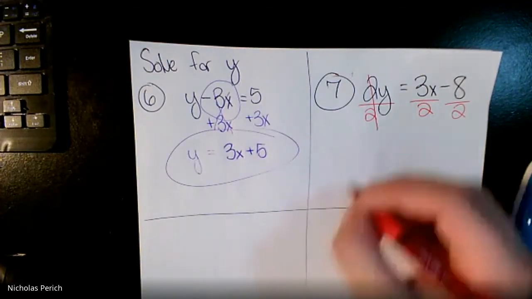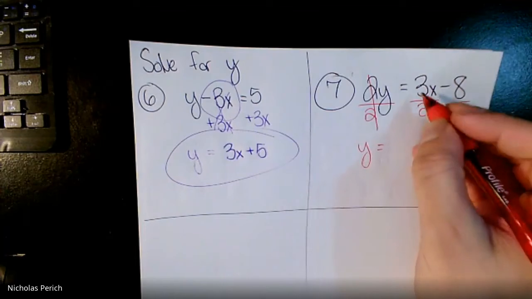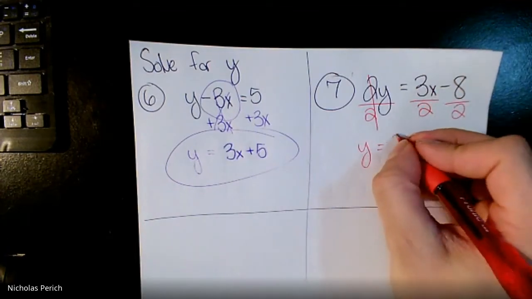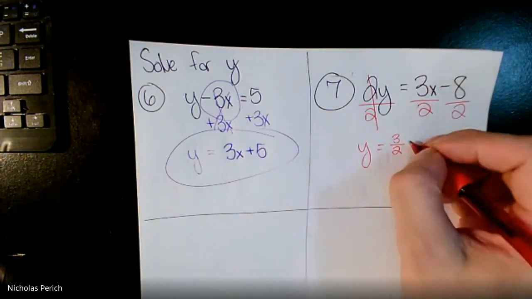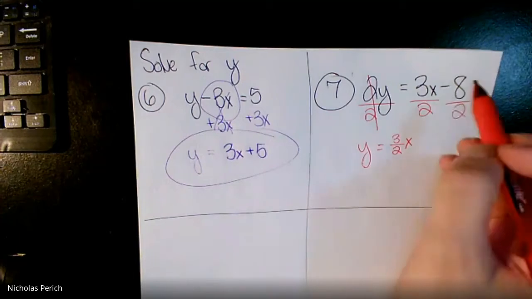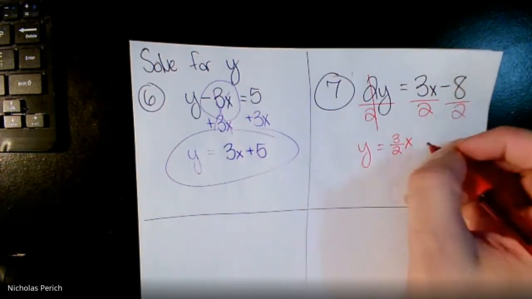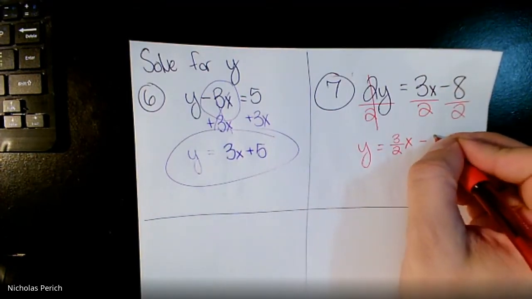Everything. Y equals 3 divided by 2 is just 3 over 2. It's an improper fraction. That's fine. I like improper fractions. X comes along for the ride. Minus 8 divided by 2 is going to be 8 over 2, which is 4.